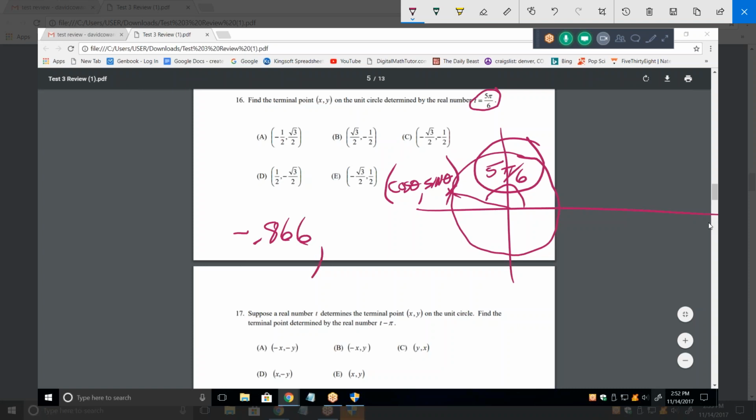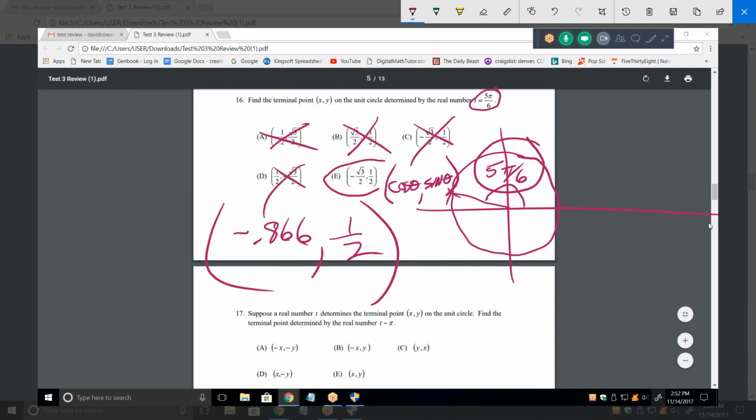What's the sine of 5 pi over 6? One half. Is that enough to answer the question? Let's see. Takes away that, takes away that, takes away that, takes away that.